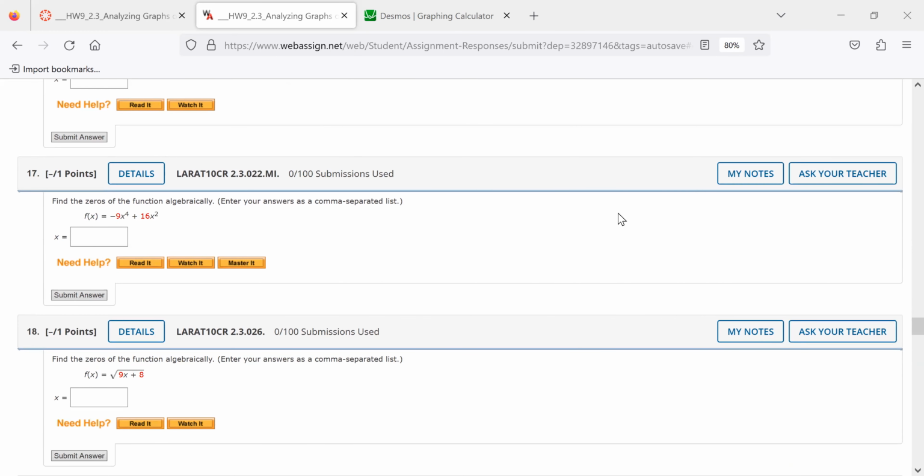You guys have any questions or desire to do 17 or 18? Still finding zeros. Do you see how you would approach it? Okay, you guys are good then? I'm gonna go ahead and move on.